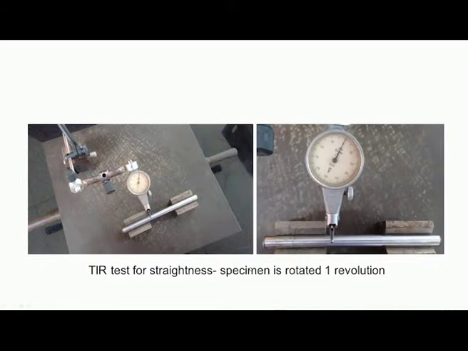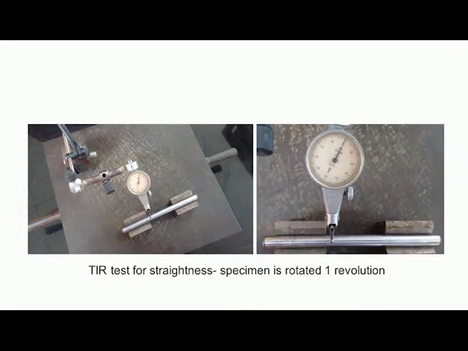Now, these pictures will show how we can conduct the TIR test. We have supported the specimen. The specimen length is about 30 centimeter, with a diameter of about 12 millimeter, and it is supported by 2 cleaned V blocks.